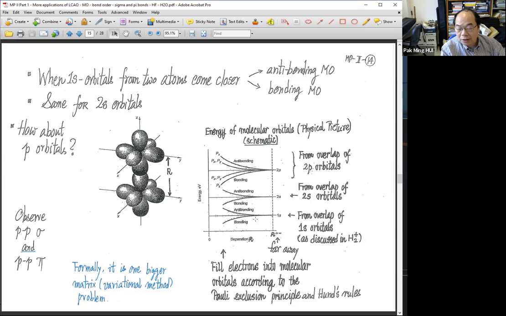It is, of course, something down there, no doubt, because atom A will carry its own 1s, so does atom B. So when the atoms come together, of course, 1s could mix with 1s, 2s could mix with 2s, or else you set up a big matrix. Each atom gives 1s, 2s, and Px, Py, Pz.